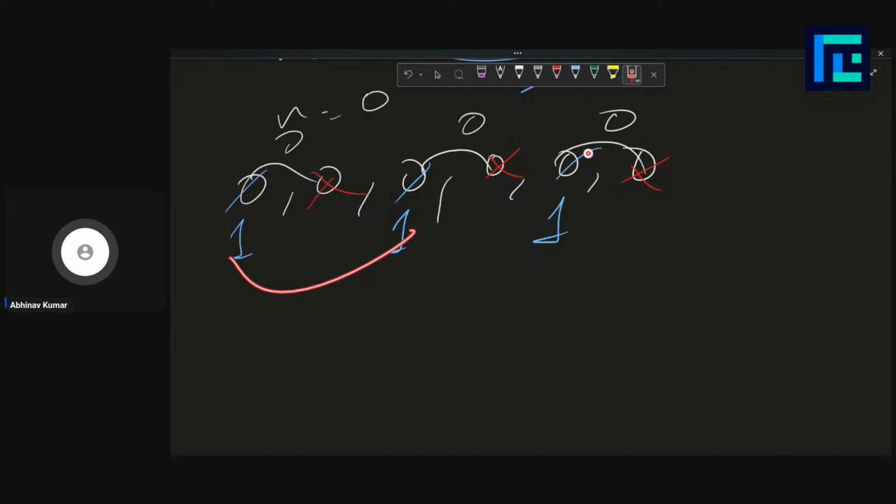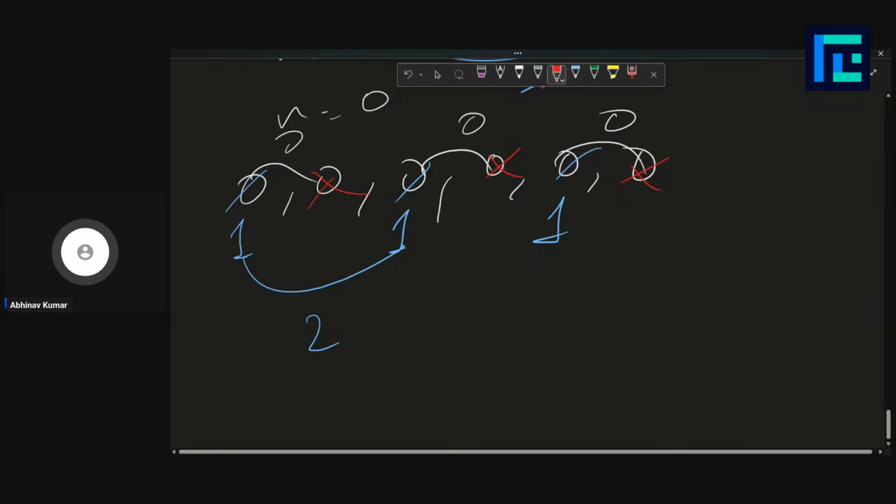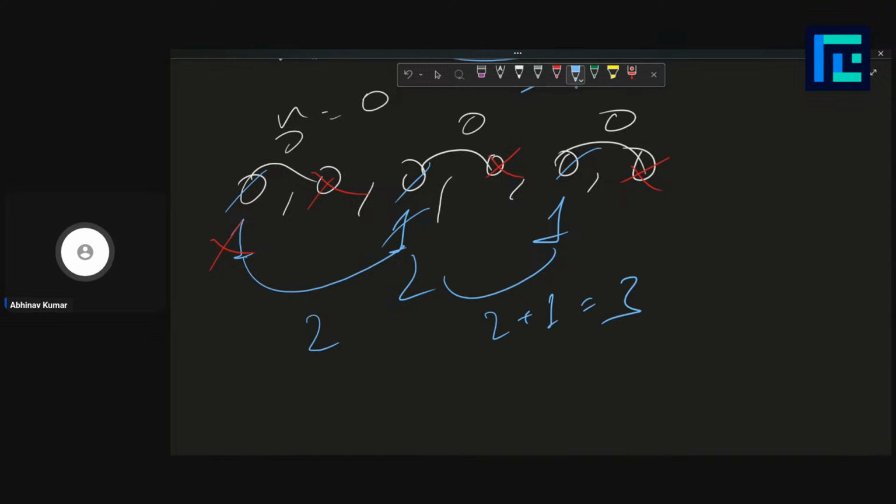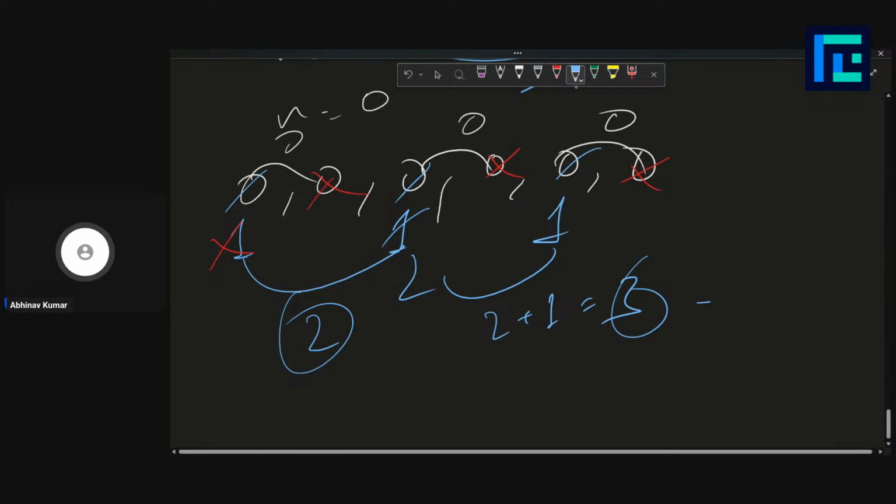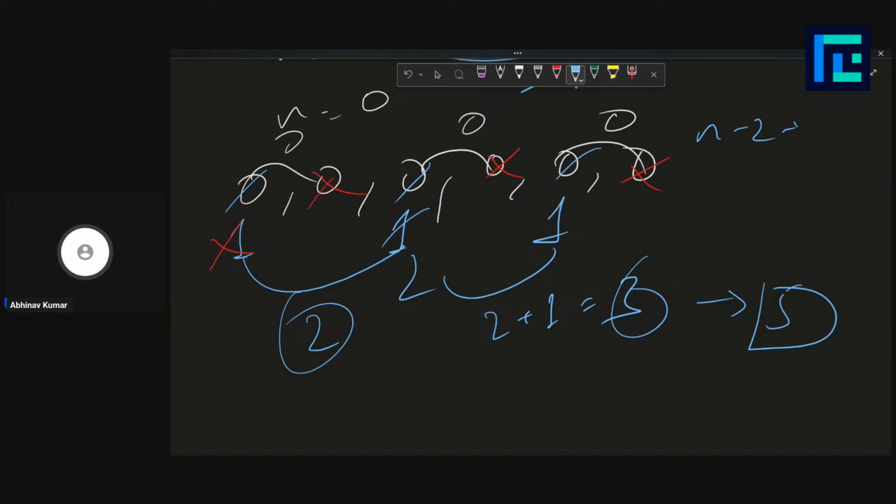And then if you make any 2 of the ones fight, they would add a value of 2, and whoever wins, the winner's value becomes 2, and when 2 and 1 fight, 2 plus 1 would give a 3. So in total 2 plus 3 you would get 5. For n equal to 6, through the other way you were getting n minus 2, which was 4.